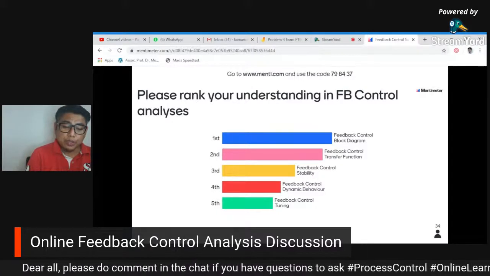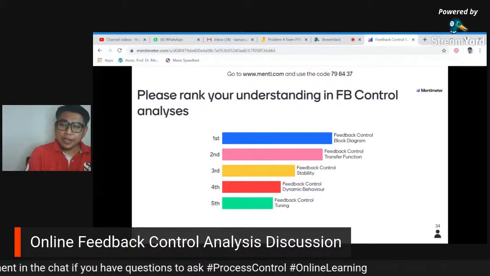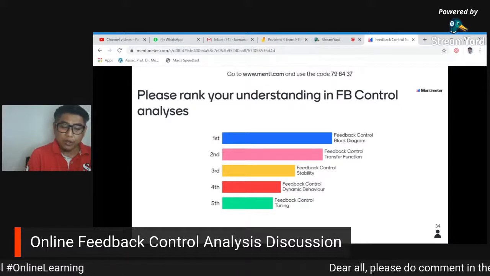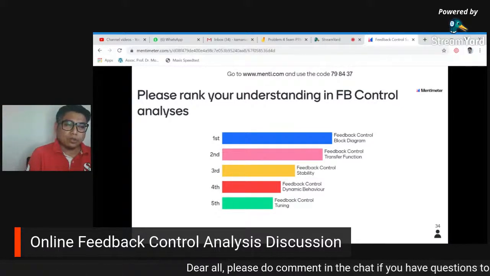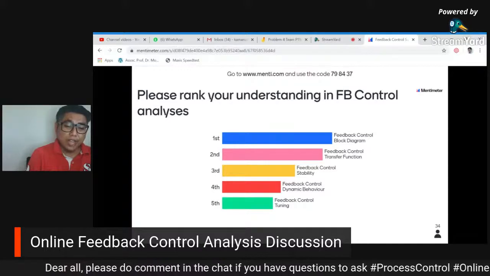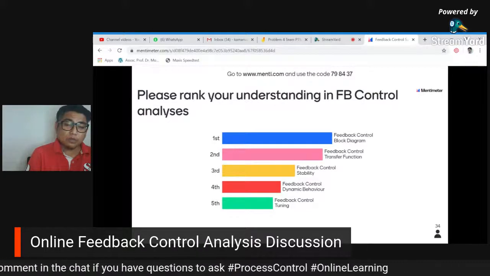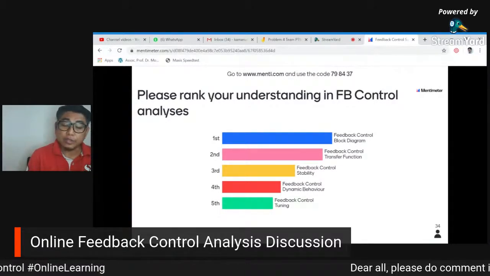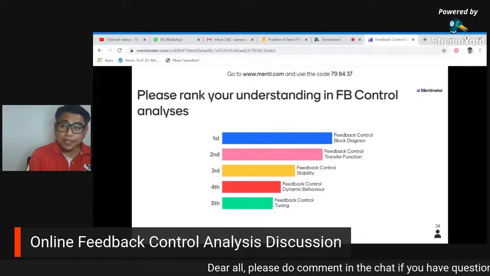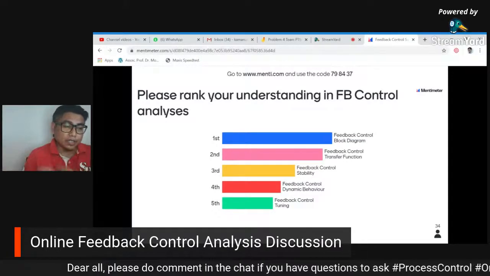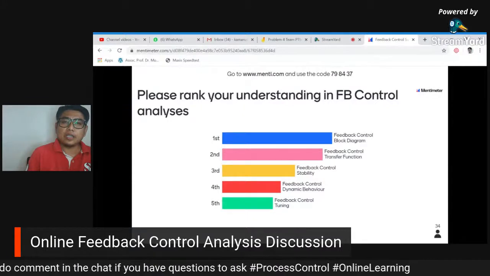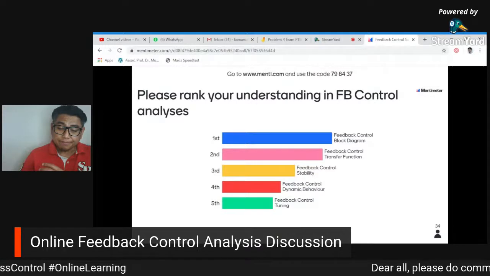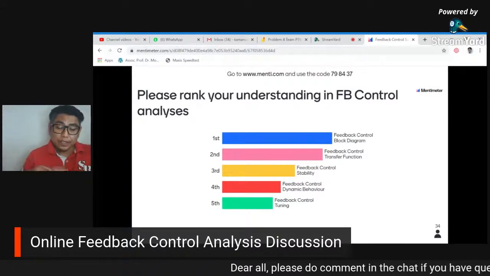Make sure you are able to identify what kind of second order response you have after you put in all the block diagram values, the transfer function values for your instrument, your process, your disturbance, and so on. For example, if zeta is equal to 1, what kind of response is it? Name it, and after that you sketch the response.